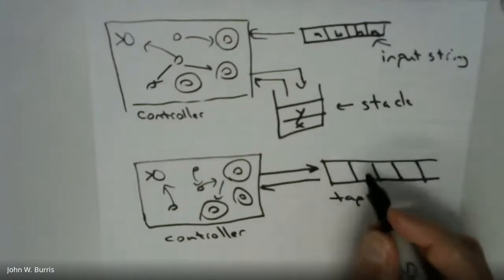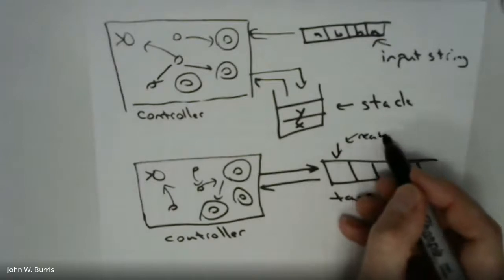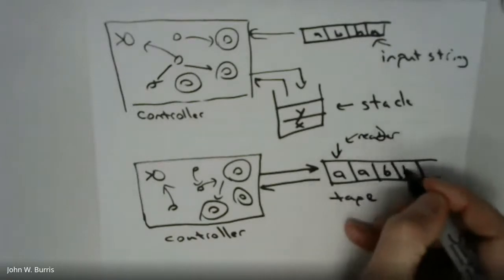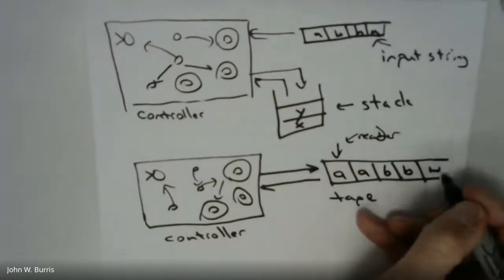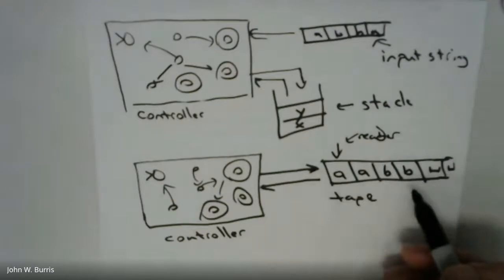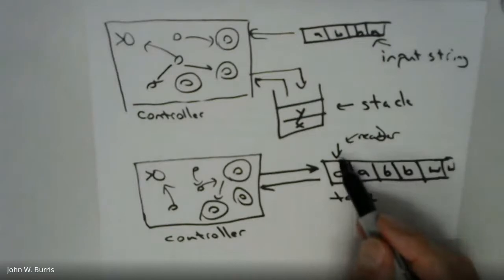In this case, we start off with our reader pointed at the beginning of our input string. So our tape starts with the input string on it, with the reader pointing directly to the first character of the input string.